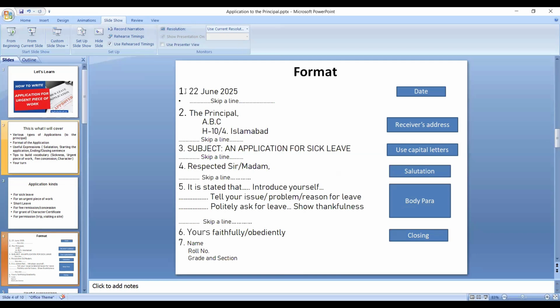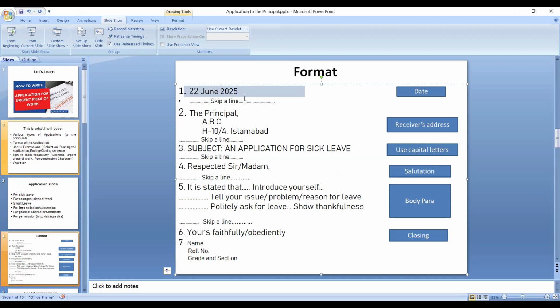So, in the first place, we see this is a date line, and dates are usually written in two ways. In one way, we write the month first, then the day, and then the year. Whereas in certain cases, people write the day first, then the month, and then the year.